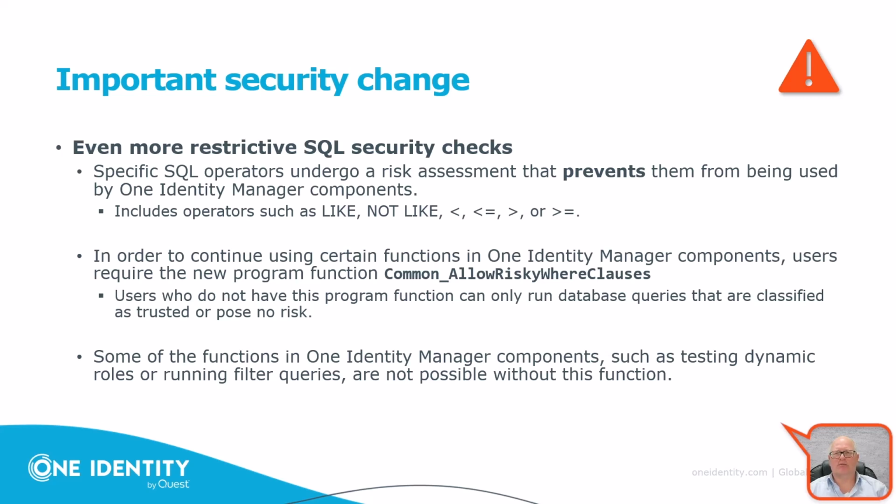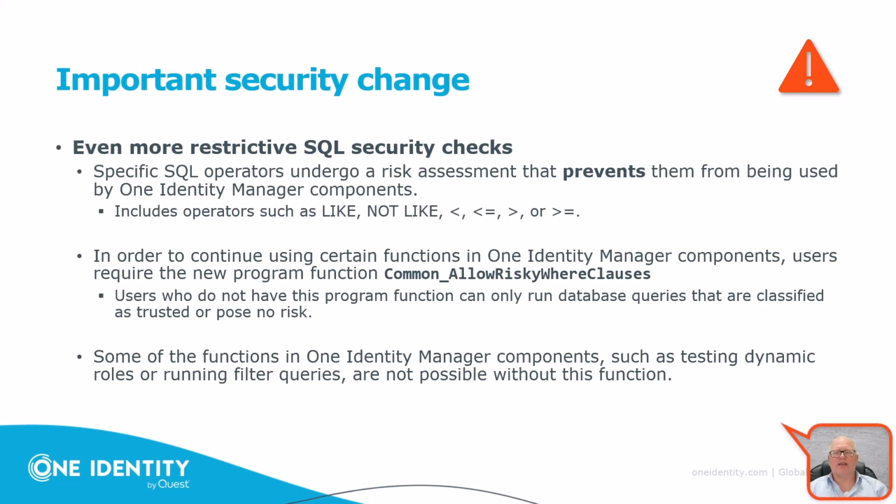It is now possible to prevent operations like NOT LIKE, greater than, greater or equal, and something like that, if you want to make the use of SQL more restricted than before. All of these operators were in the meantime known as sometimes problematic, and now it's possible to prevent them.